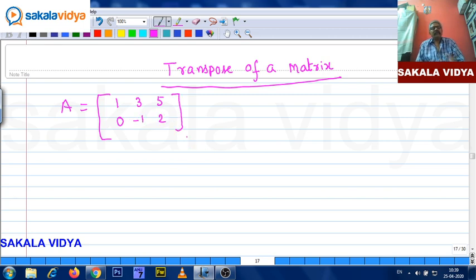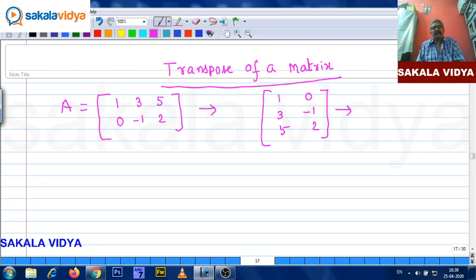Let us rearrange the rows and columns. Change rows into columns and columns into rows, then you get a new matrix like this: 1, 3, 5 is written as a column, and the second row 0, minus 1, 2 is written as the next column. Now a new matrix is obtained by interchanging rows and columns.